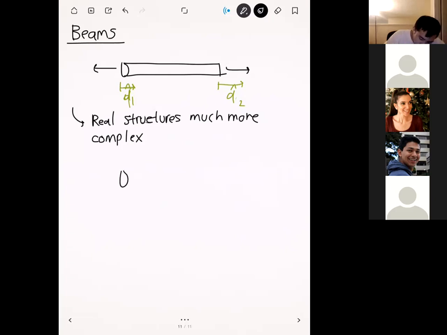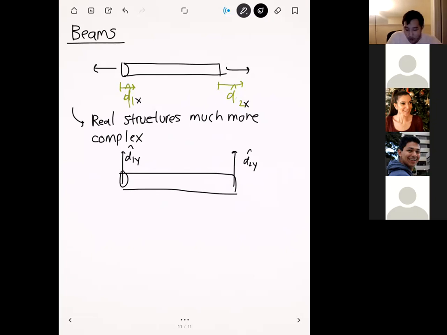And so in reality, we have situations that look just like this. You might have a displacement that goes like this. And so we'll call this D1y hat and D2y hat. These are x displacements.